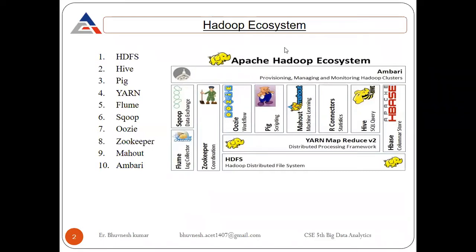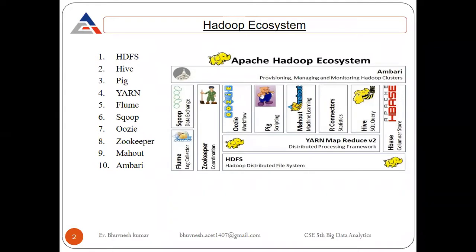After storing your data in HDFS, we will analyze that data, or we can make queries on that data, to make proper structured data. For that we will use a tool in your Hadoop ecosystem. That tool name is Hive.